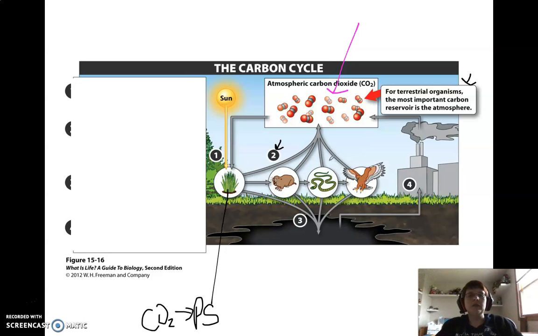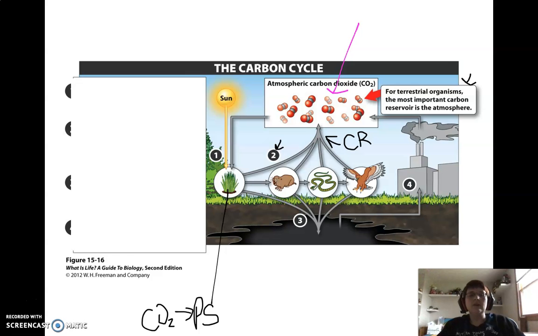Plants pulled it out via photosynthesis, so what's the opposite of photosynthesis? That's right, cellular respiration. As plants and animals do cellular respiration, they're going to release carbon dioxide back into the atmosphere. So that's the big part of the cycle right there.